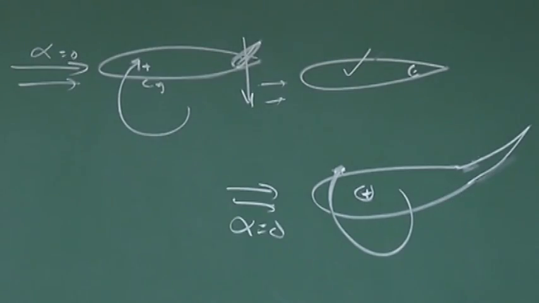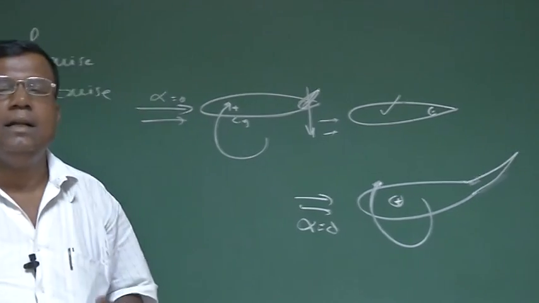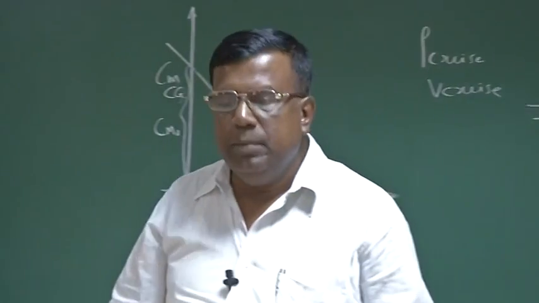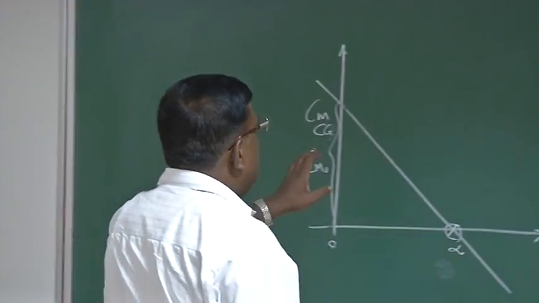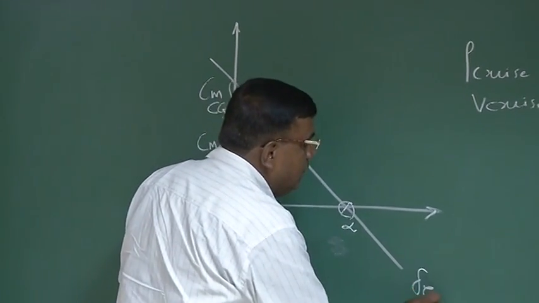The message is very clear that if I want to design an airplane which is statically stable and it should be able to trim without any elevator deflection at the altitude or the cruise condition you are flying most of the time, then Cm0 should be generated by wing and tail and other components, not by the elevator. Now suppose you are flying at this condition here. Now this is delta E is 0.